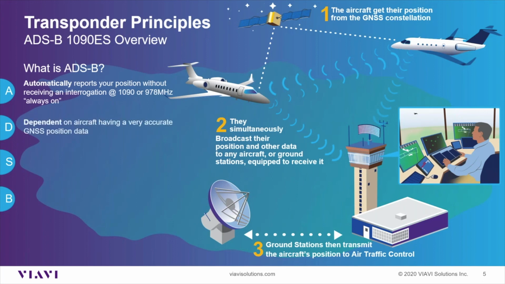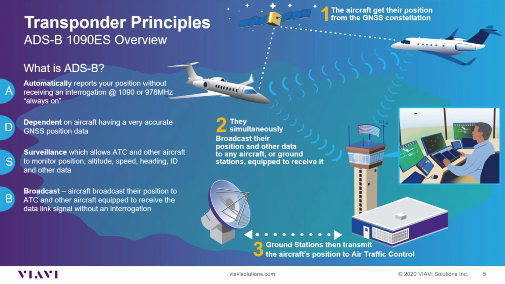The D in ADS-B stands for dependent, because it relies upon onboard systems to provide surveillance information, the S in ADS-B, to other parties. Finally, the B in ADS-B refers to the fact that the data is broadcast, i.e. the source transponder itself has no knowledge of who receives the data and there is no interrogation or two-way contract between it and the receiving device.